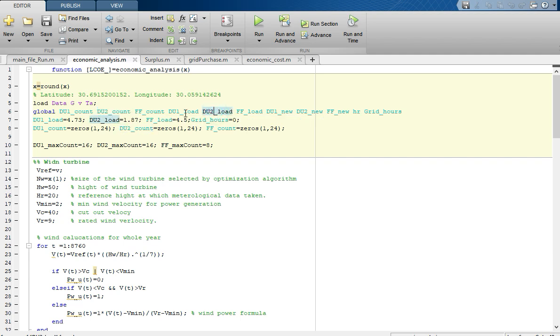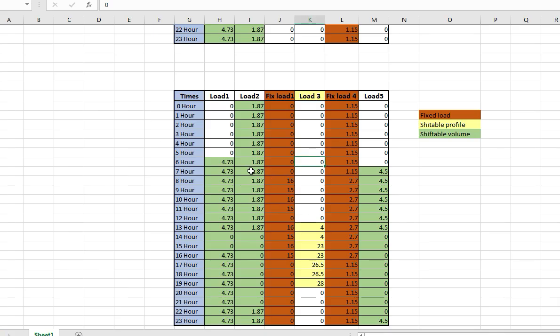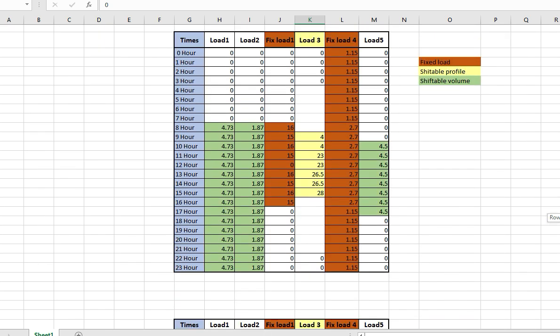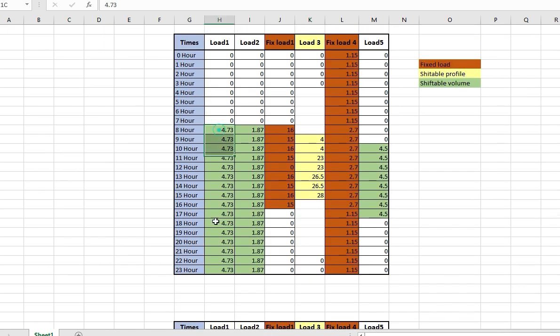So this is the du1 load, which is 4.73. This du2 is 1.87 and the ff load is 4.5. Initially the counts, for how many hours, for D1 count, DU2 count, are 0. For maximum hours, DU1 should be operated for 16 hours, because you can see here the operation of this is for 16 hours.